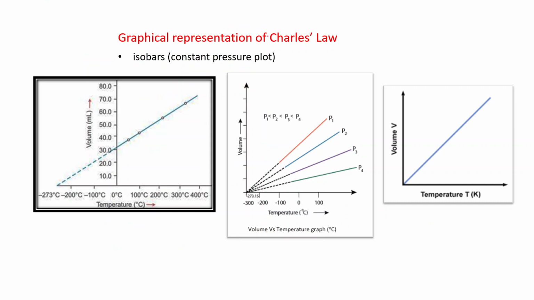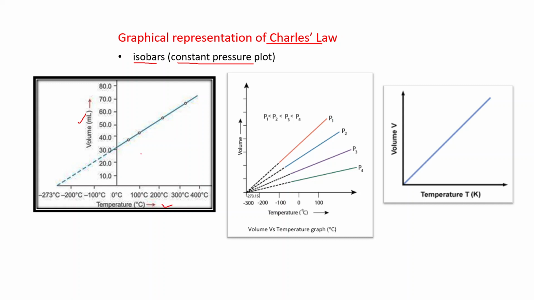Now, graphical representation of Charles law. In Charles law, the relation between volume and temperature is given at constant pressure. That's why the plot at constant pressure is known as an isobar. You can see this is the isobar, this is volume, and this is temperature in degrees Celsius.